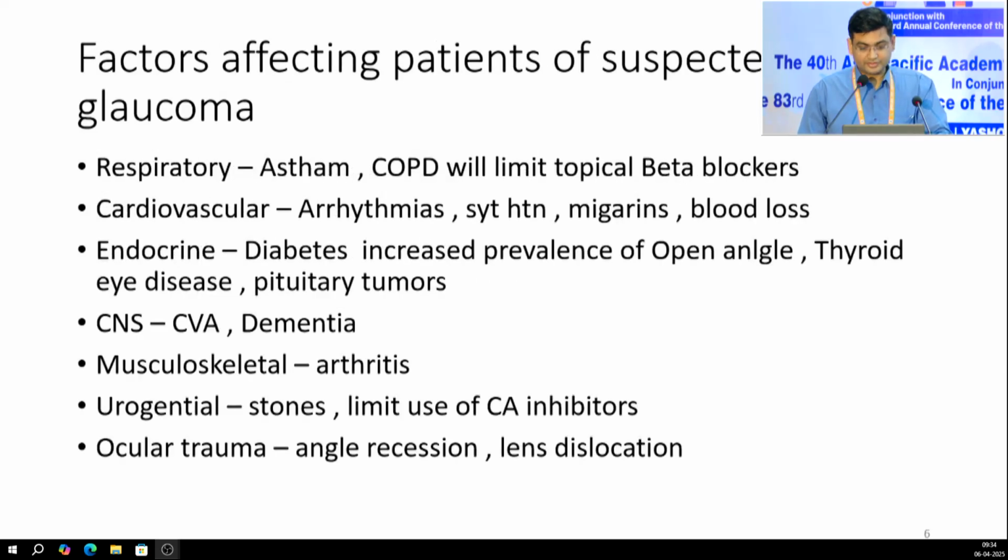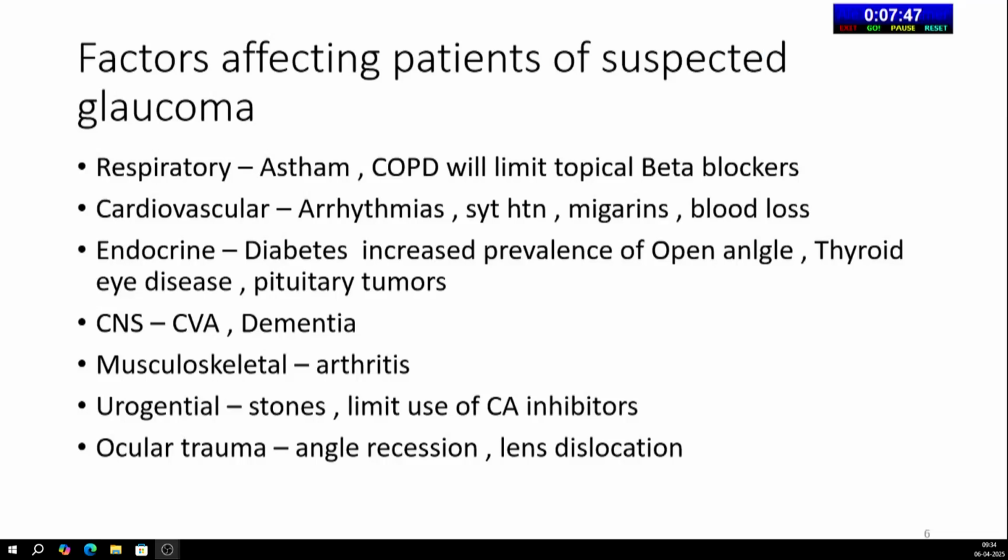Regarding the factors affecting patients with suspected glaucoma, you have to ask about respiratory disease, asthma, COPD, which will limit the use of topical beta blockers. Then cardiovascular: any arrhythmia, systemic hypertension, migraine, blood loss. In endocrine, you should ask about diabetes because it increases the prevalence of open angle, any existence of thyroid eye disease, any pituitary tumors.